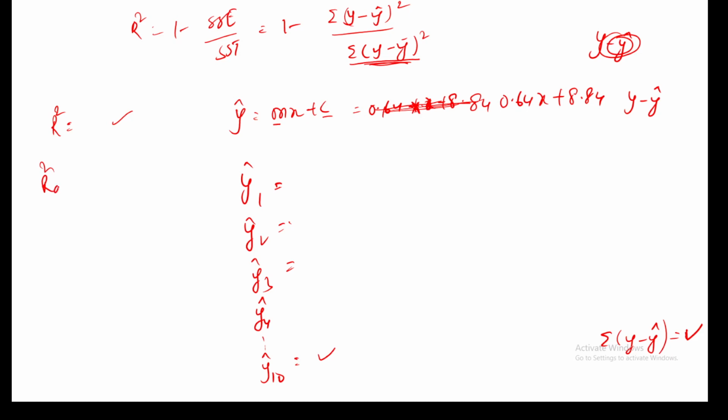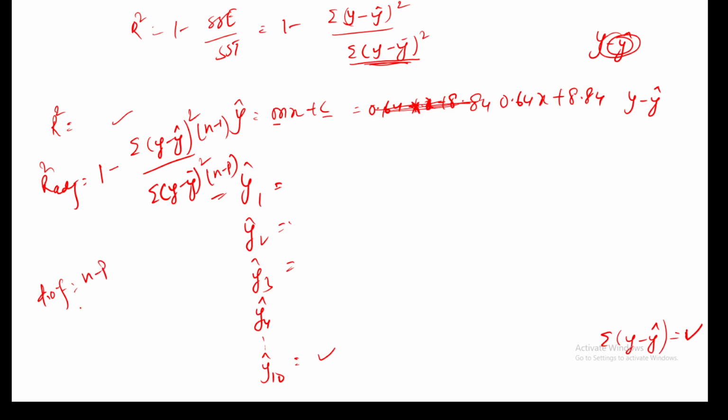For r square adjusted, we use the same technique: summation of y minus y cap whole square, summation of y minus y bar whole square. Here it will be n minus 1, here it will be n minus p. So this is the formula for r square adjusted, and the degree of freedom will be n minus p.